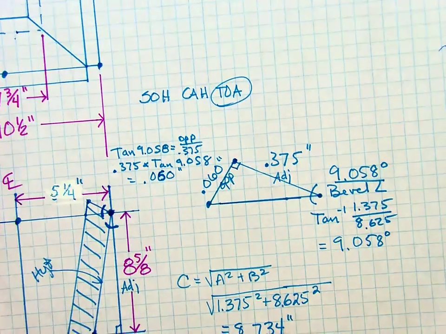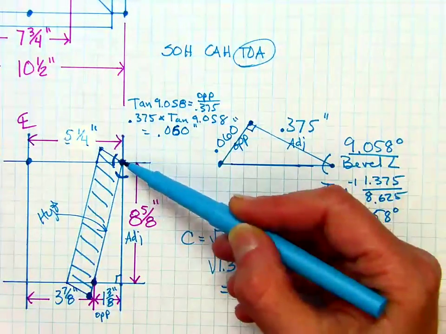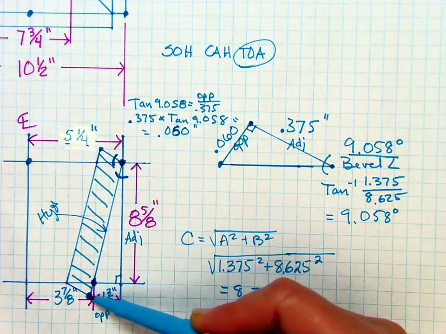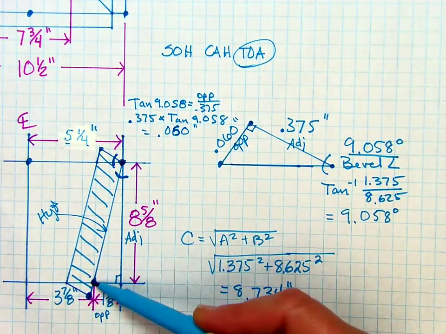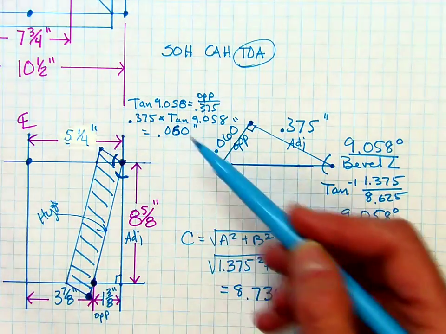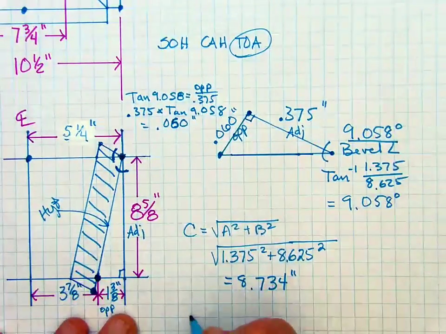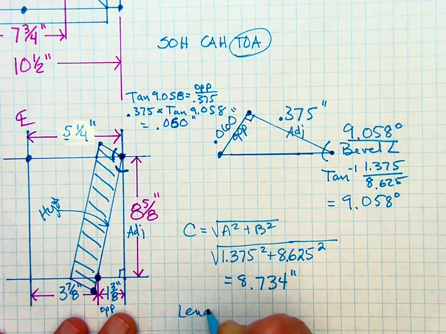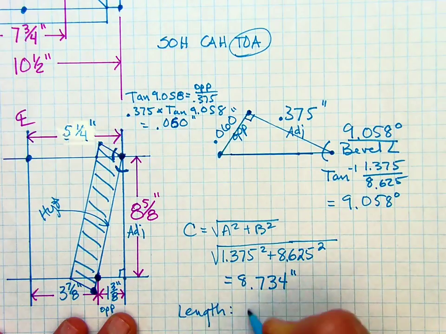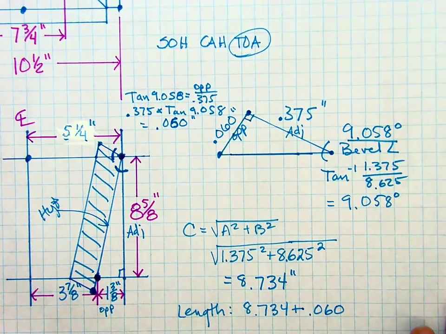Now, let's go back. The length is from this point all the way down here. We figured out the hypotenuse of this large triangle. We just figured out the short side of that little triangle. We're going to add this number to this number. So I'm going to rewrite that. So length is going to be 8.734 plus 0.060.